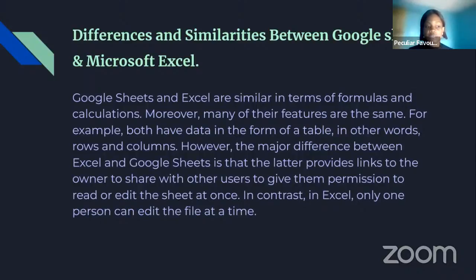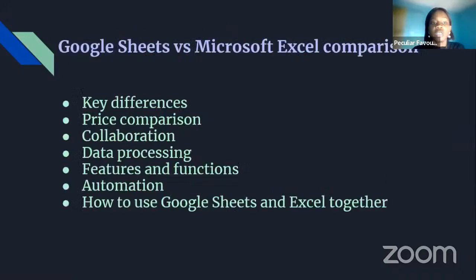It is more advisable to use Google Sheets, because then you have multiple members actually working on that sheet, unlike Excel where one person has to edit at a time. Before another person can work on that sheet, you have to send the file to the person. But for Google Sheets, you just need to share the link and give permission to whoever, and you can edit it at the same time in different locations.